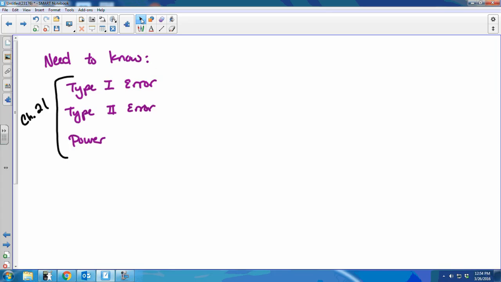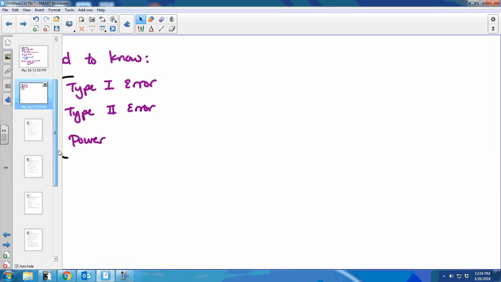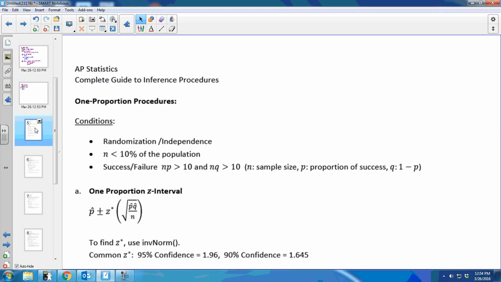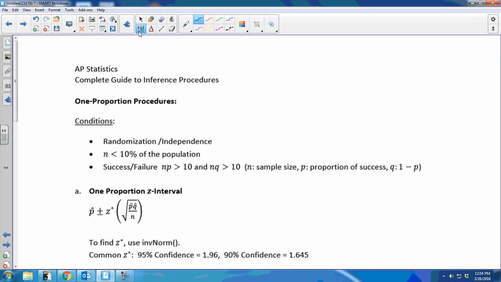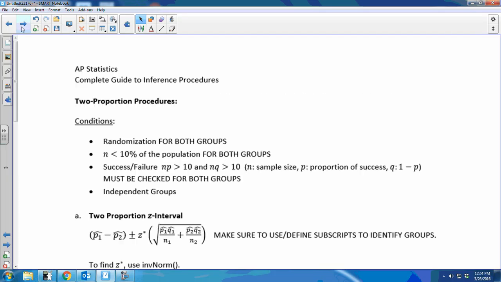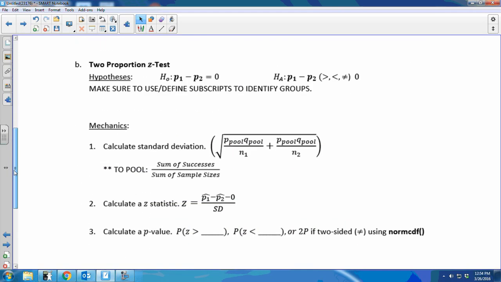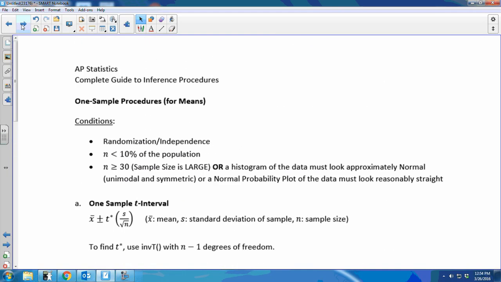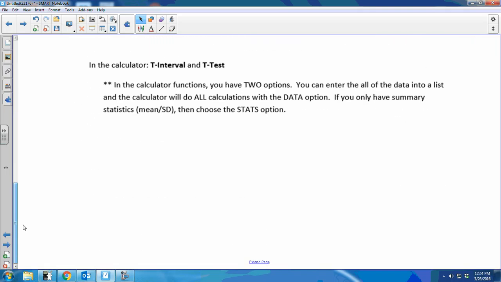However, in front of you, hopefully, is the concept review. I have listed every single interval and test with their conditions and appropriate hypotheses, etc., for everything we have done since Christmas. I would look over those and know them.